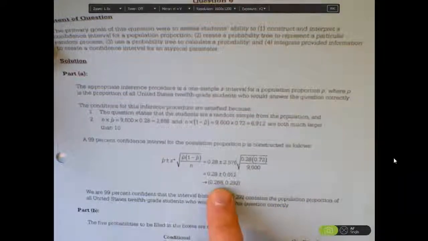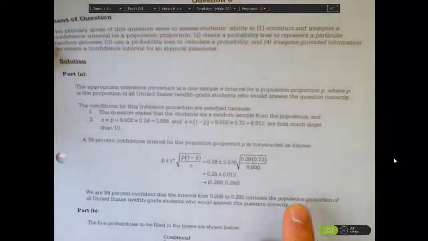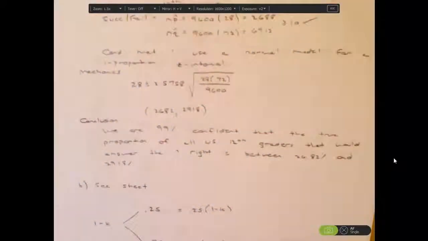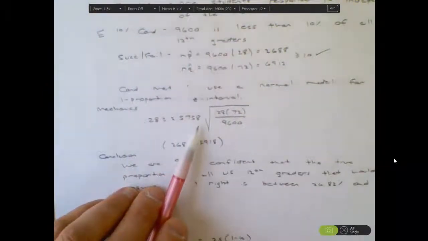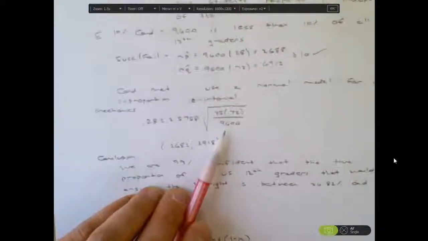So I need to get the correct interval and then talk about the conclusion in context, including the parameter here. So mechanics, 0.28 plus or minus. This is just my critical value for 95%, square root of P times Q over the sample size.